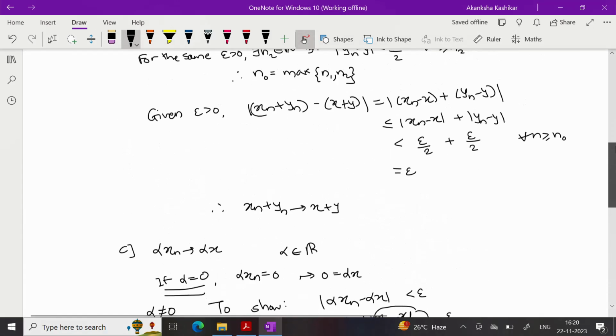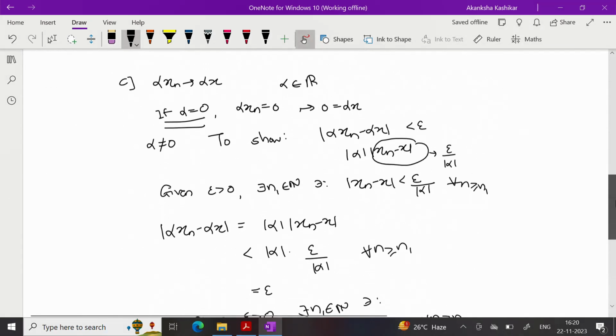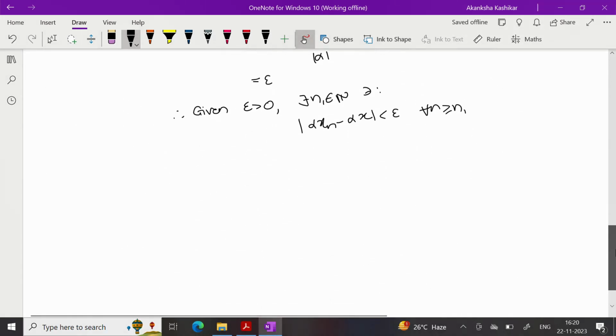Now let me go to part B. Part B is about the product xn into yn. So what can I say about xn into yn? Let me again do some background calculations. I want to show xn into yn goes to xy. So I want xn yn minus xy.